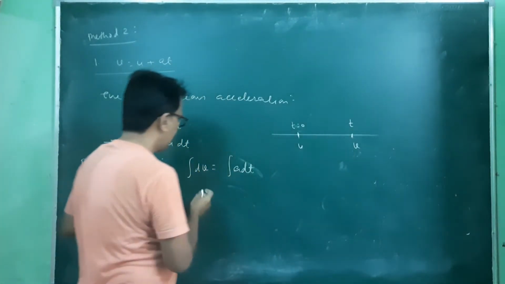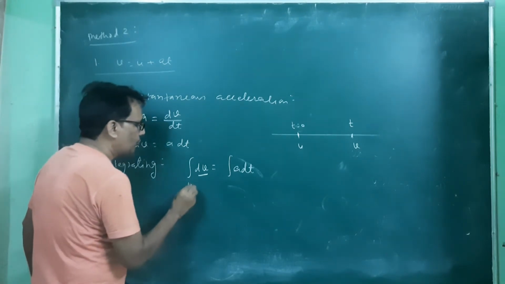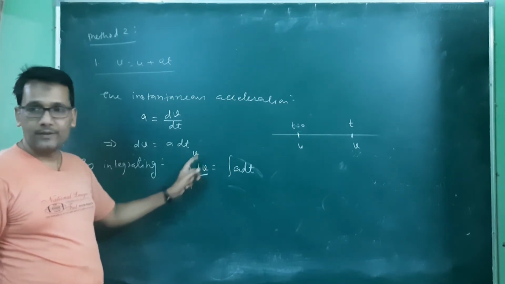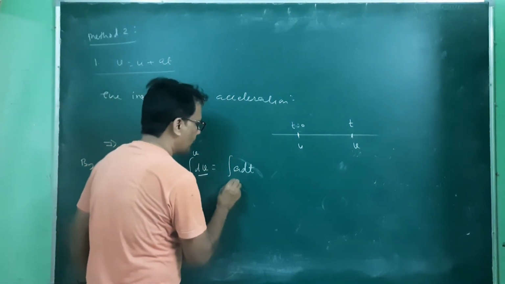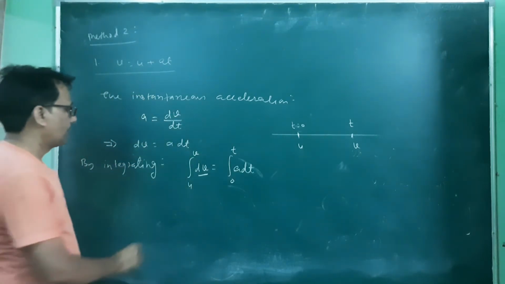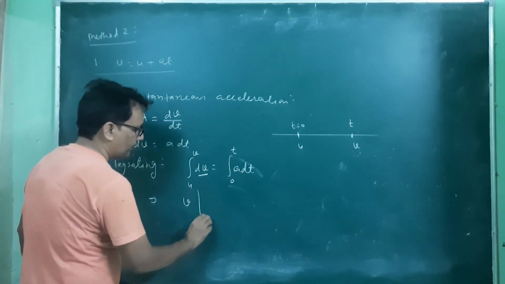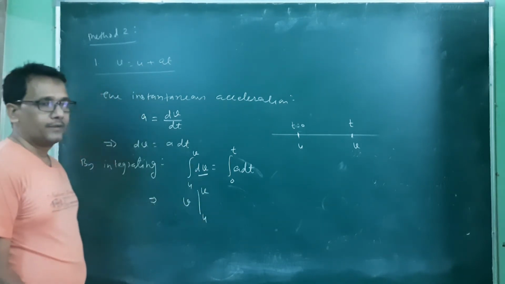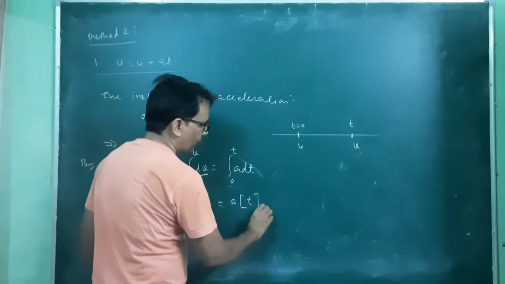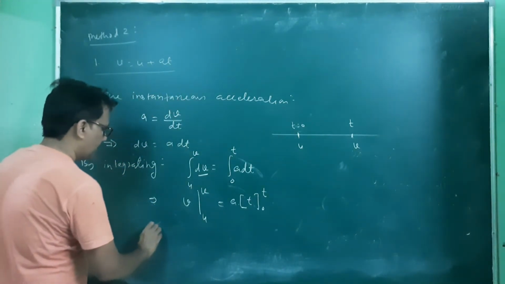Here this differential is with respect to v, so the limit will be u to v, and second, that is from 0 to t. So this is equal to v from u to v, and this is equal to a multiplied by t from 0 to t. And now we will put this limit.